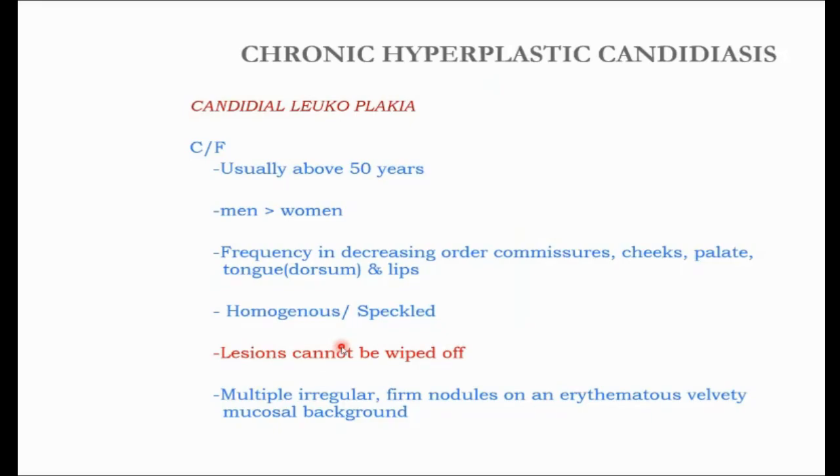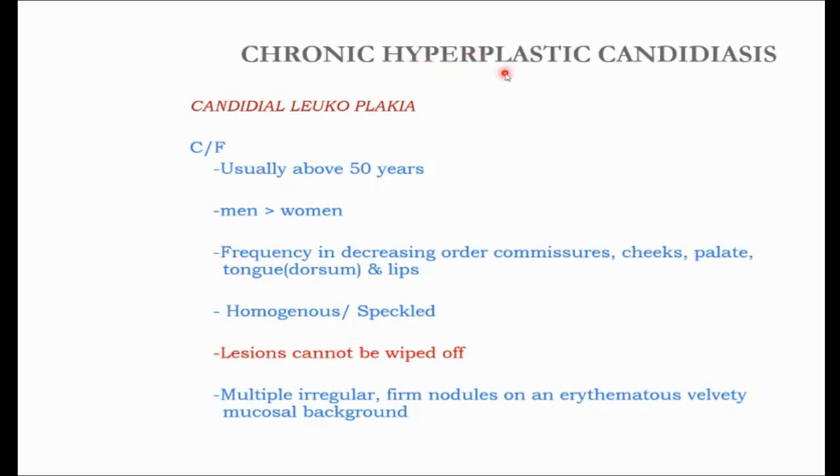Whenever you give them B complex or something after your broad spectrum antibiotic, then the condition goes back to normal. Those were the two acute types of candidiasis, that is acute pseudomembranous, and the second one was antibiotic sore mouth, or the erythematous candidiasis.